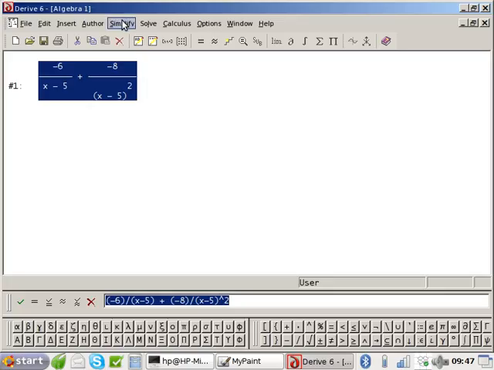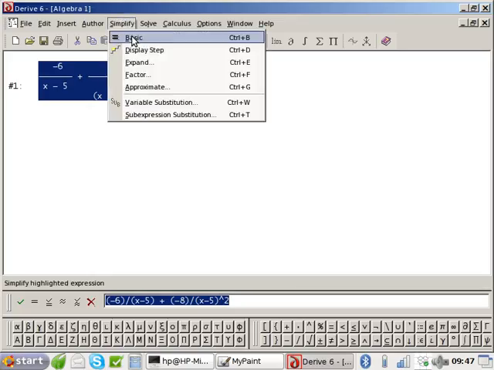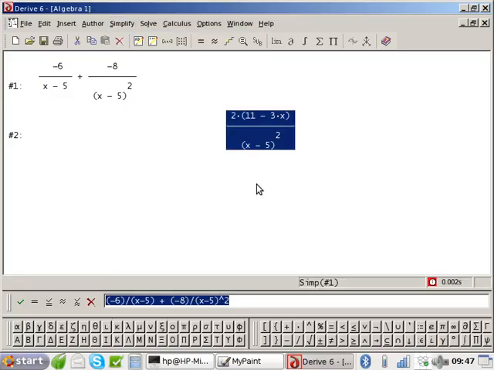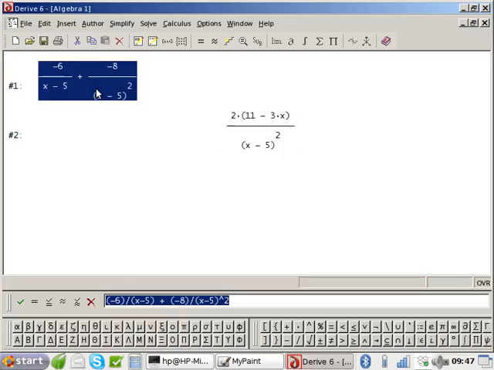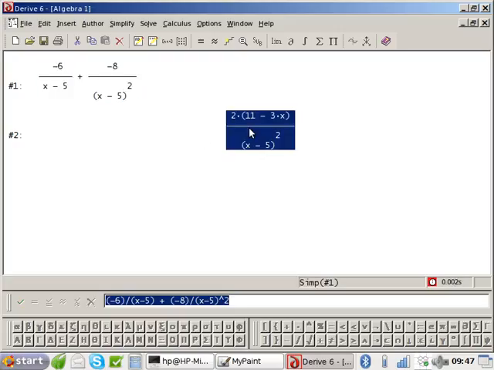So let's add these together. I won't go through that because it's not interesting. I know it looks a bit different, but on the top we get 22x minus 6x, and on the bottom we get x minus 5 squared. It's the same. So this answer is correct. It will give us the question.